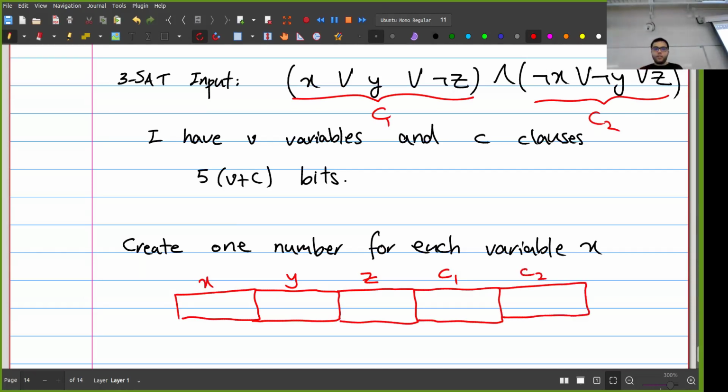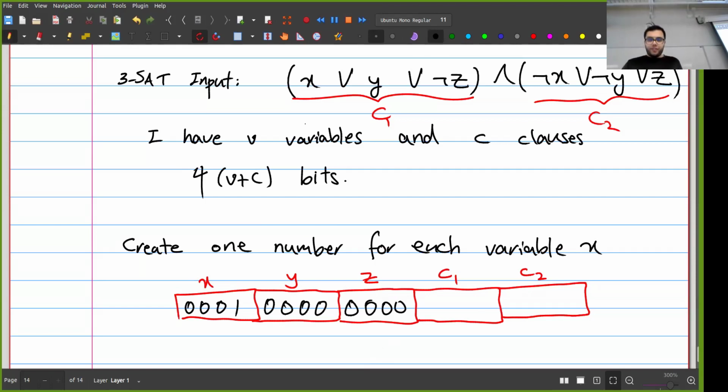So let's say that I want to create a number for variable X. What I do is fill out the part for X with 1. So this means that this is the variable X. And then I put zeros for every other part, including zeros for Y and Z as well.